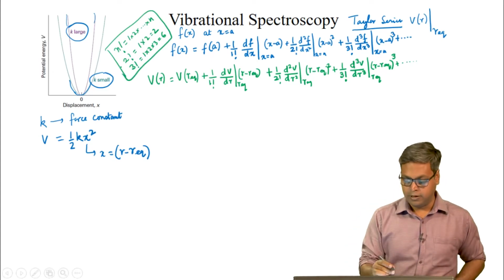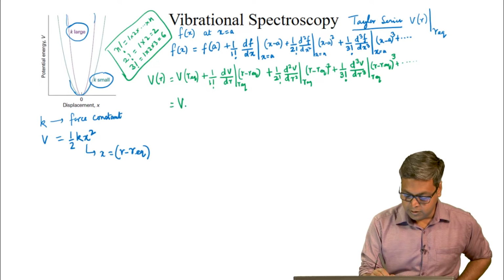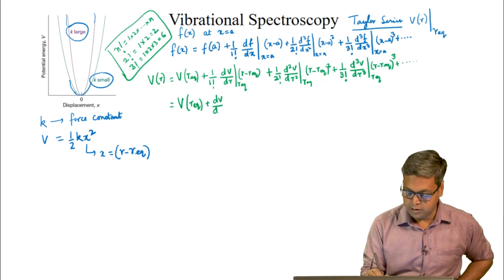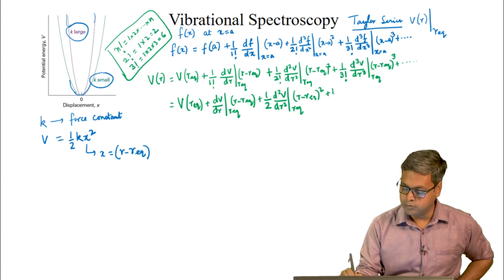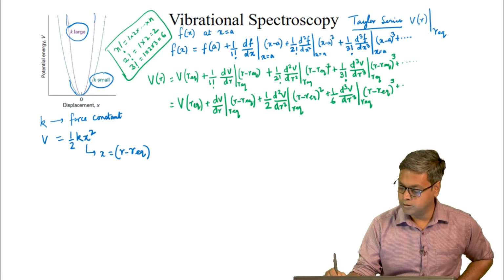So, we can further write this as V at r equilibrium, plus dV dr at r equilibrium times r minus r equilibrium, plus half d2V dr2 at r equilibrium times r minus r equilibrium squared, plus 1 by 6 d3V dr3 at r equilibrium times r minus r equilibrium cubed, plus dot dot dot.